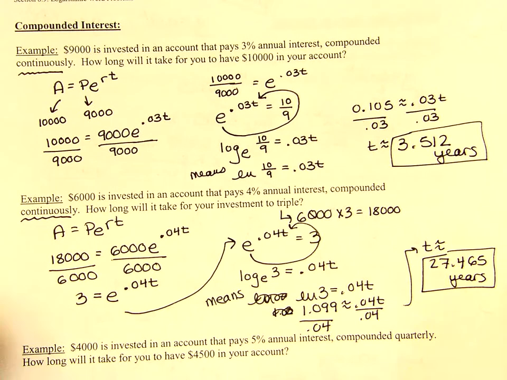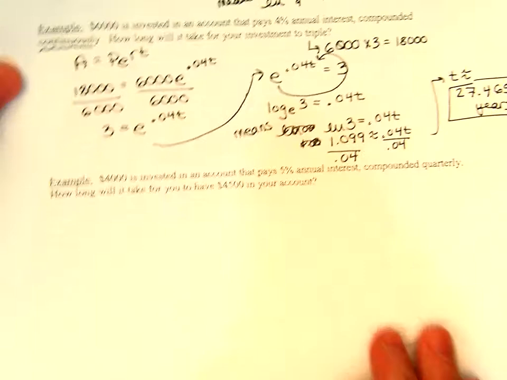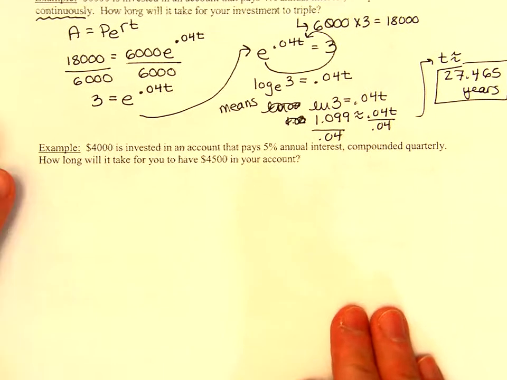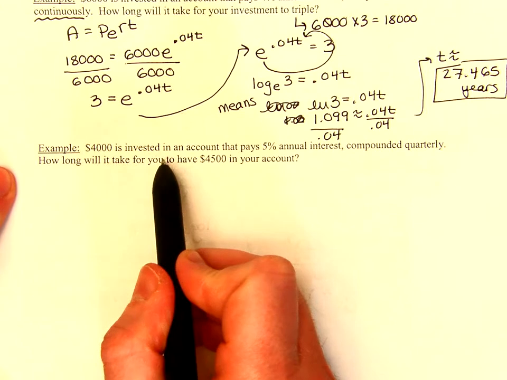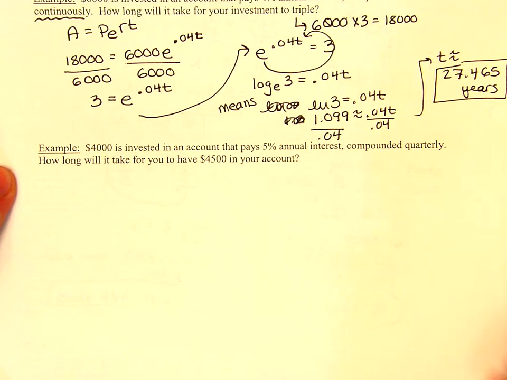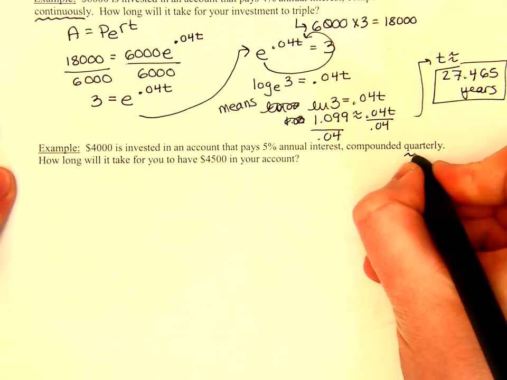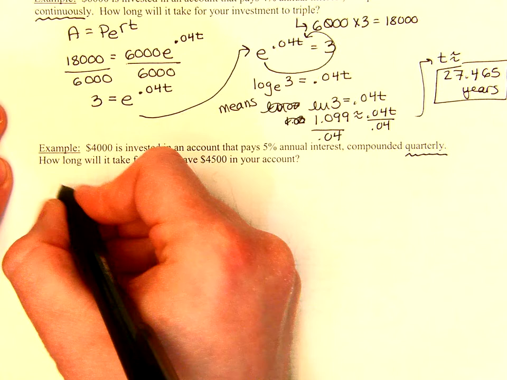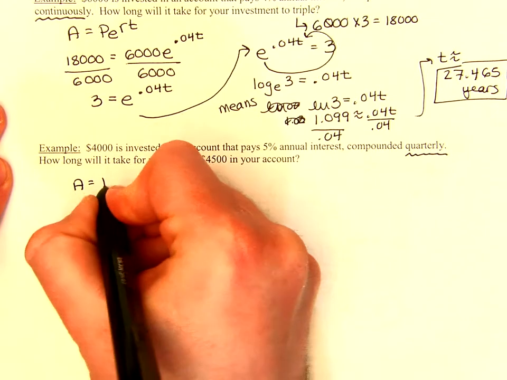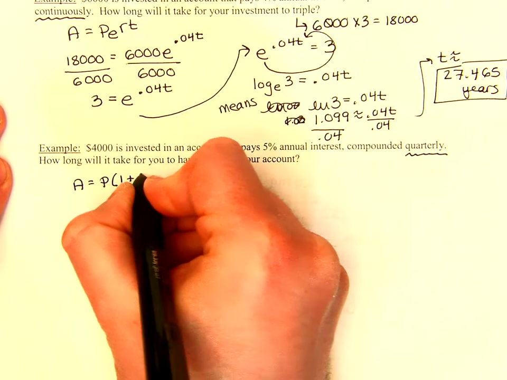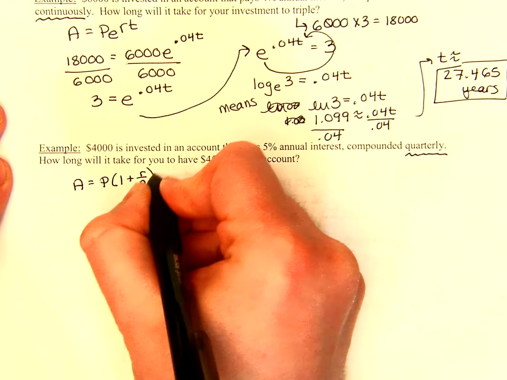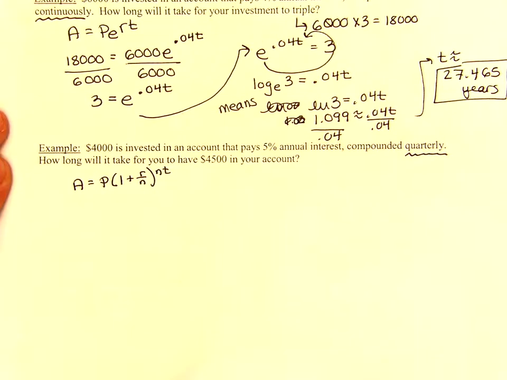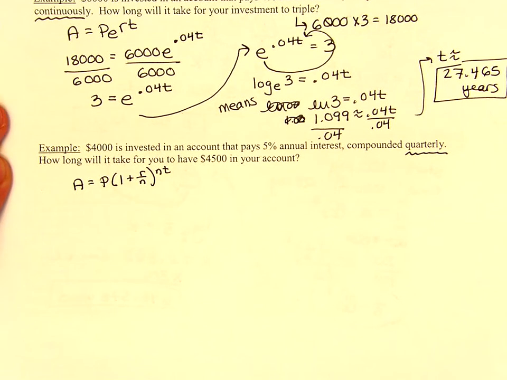Last one that we're going to look at. $4,000 is invested in an account that pays 5% annual interest, compounded quarterly. How long will it take for you to have $4,500 in your account? If it says compounded quarterly, we're going to use A equals P times 1 plus r over n raised to the nt, our formula for compounded interest for anything but continuously.